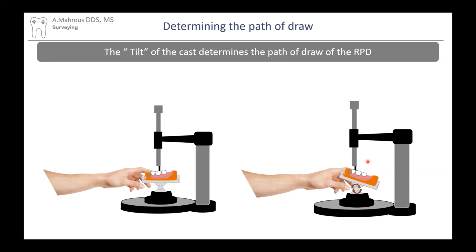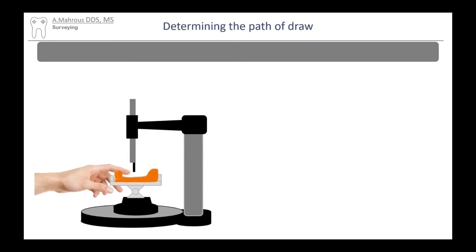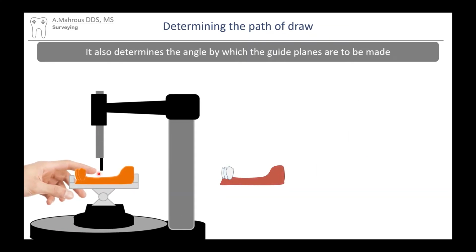And since our guide planes determine the path of draw, the mandrel angle compared to your table also determines the angle that your burr would be taking when preparing guide planes. So, whichever angle you have your table set at relative to the mandrel is the angle that you'll be taking in the mouth while preparing your guide planes.